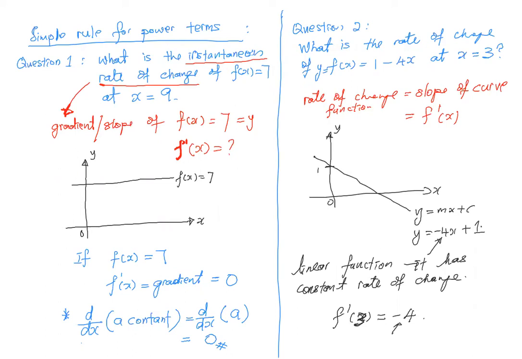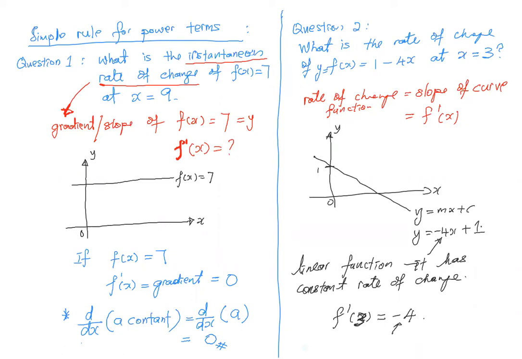How do you interpret this rate of change? The gradient, you tell me the gradient, then what does it tell me? Increase, decrease? Decrease. So that's why the negative sign is telling you that.